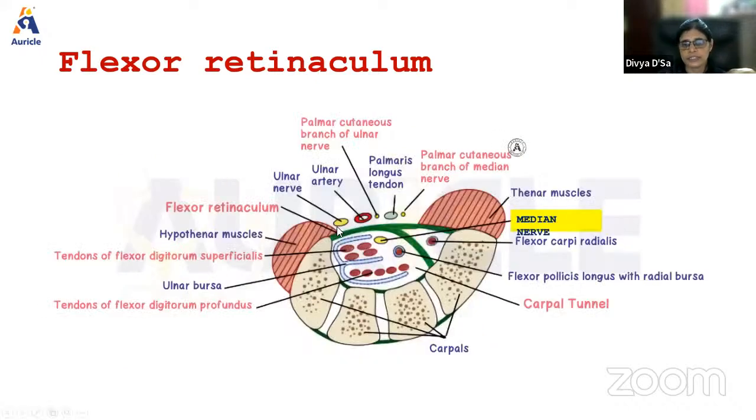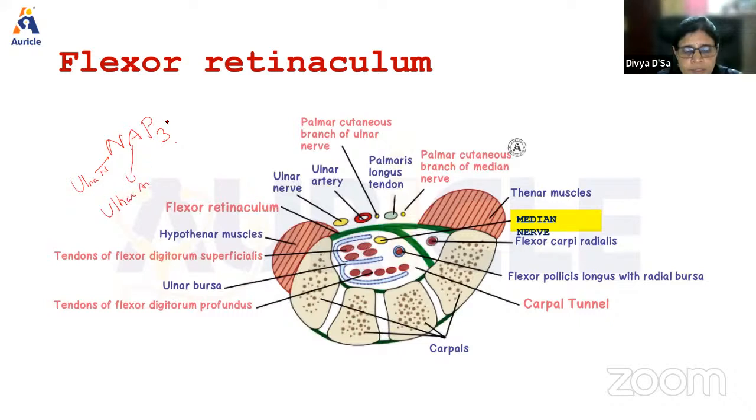Above that, you have to remember the structures passing from medial to lateral. So you remember NAP3. N is ulnar nerve. A is ulnar artery.